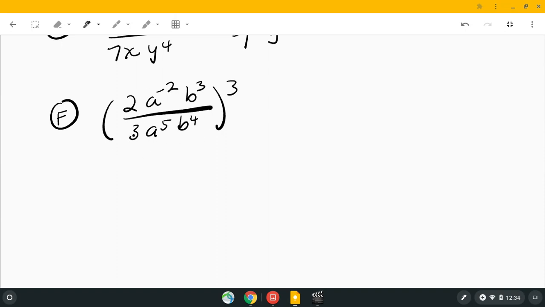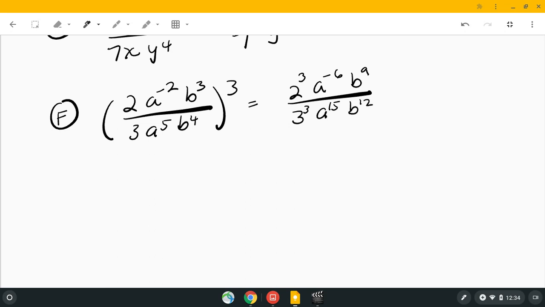You could work inside first and then multiply by the exponent out here. Either way is fine. I'm going to go ahead and start with this exponent out here. So all the exponents, remember these have ones, will get multiplied. So this is going to get 2 to the 3rd, a to the negative 6, b to the 9th. This down below, 3 to the 3rd, a to the 15th, and b to the 12th.